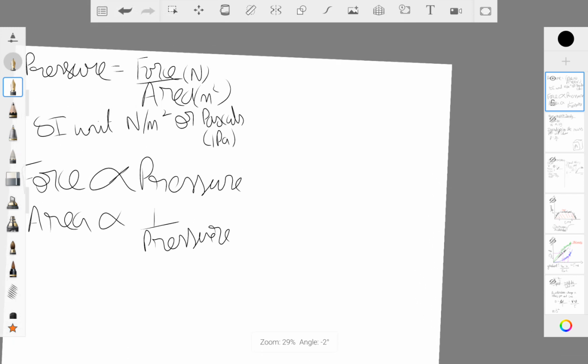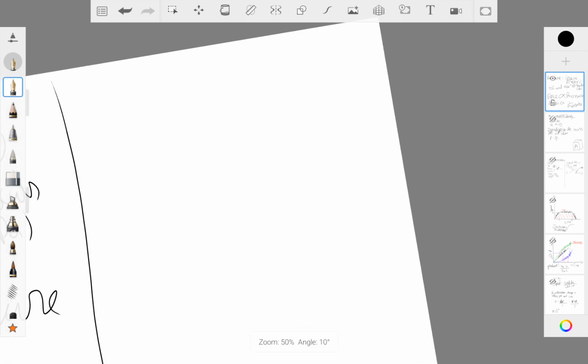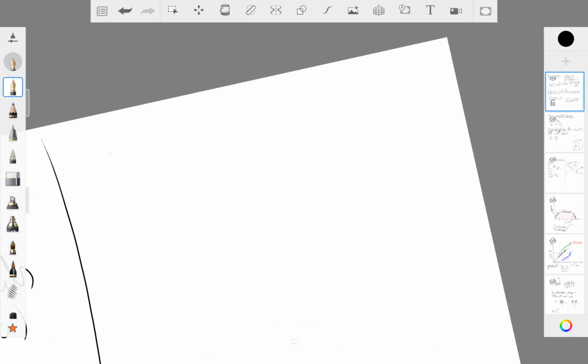There are different factors that apply to pressure in liquids, and you can really remember it using a formula. So pressure is equal to rho g h, where rho is the density of the liquid, g is the acceleration of free fall, and h is the height or the depth. So acceleration of free fall is a constant value, so that doesn't really do anything here.